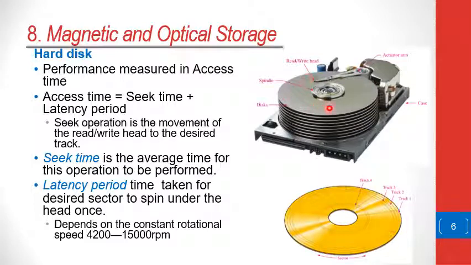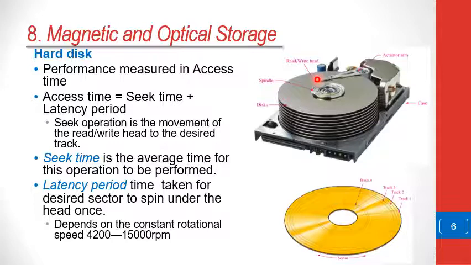The amount of time that spinning motion takes is called the latency period. So the average amount of time it takes for the particular sector to spin and be positioned under the read-write head is called the latency period.